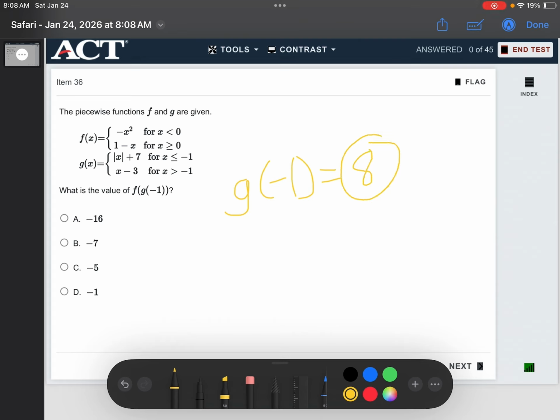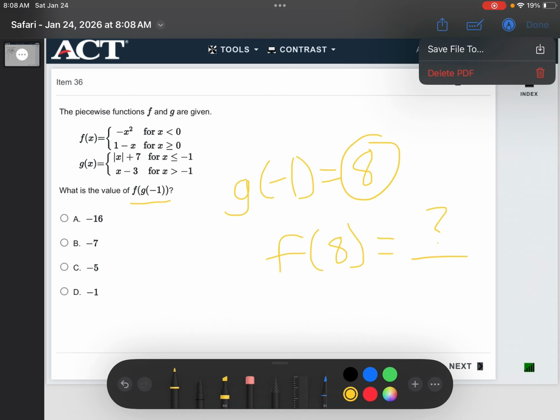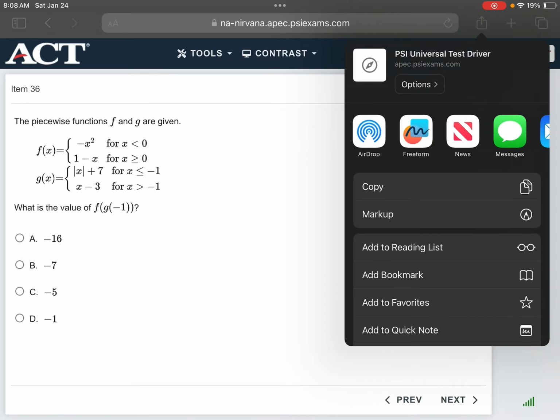What it wants us to now do is put that into the f function. So we want to evaluate the f function at +8 and find the output for it. That's what that composition of functions means: evaluate the g function first, get some value, and then use that value as an input for the other function. Whew, that's hard to say, and I'm sure hard to comprehend as well.